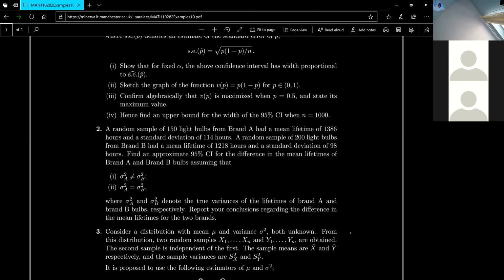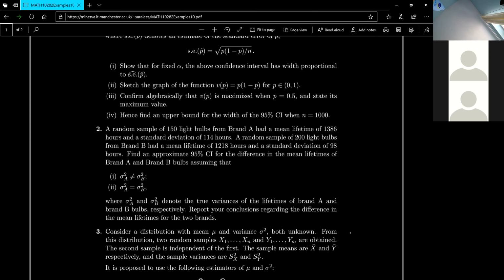So x bar is already given to us. X bar is the sample mean for the first sample, which is 1386. Y bar is 1218. Okay, and sigma x squared is the population variance for the first one, which is 114 squared, because 114 is the population standard deviation, so you need to square it.